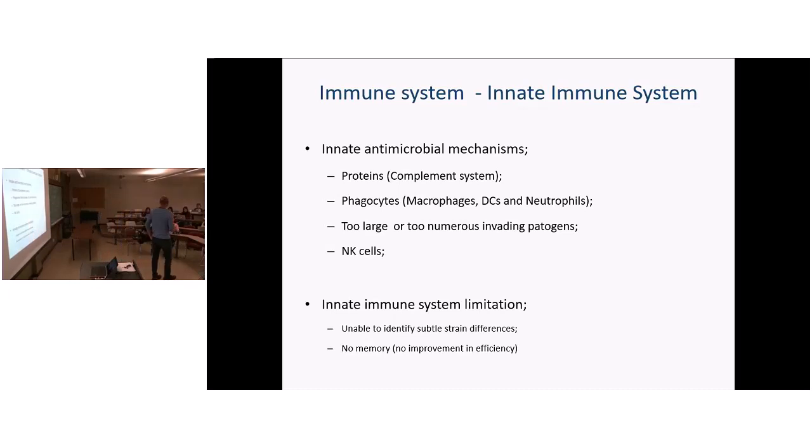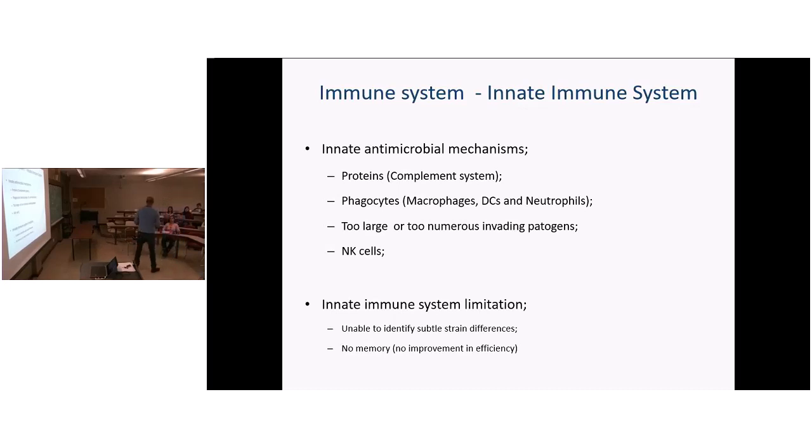So the innate is triggered by the pathogen. Okay? Or, in the case of an autoimmune disease, it is something that all of a sudden is perceived as not yours, and then you can have a reaction to yourself.